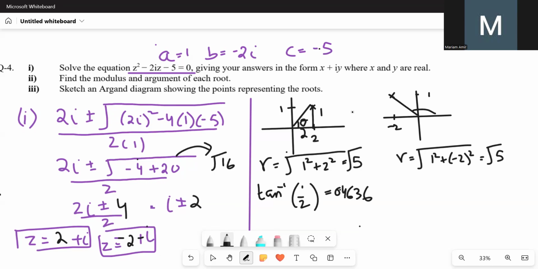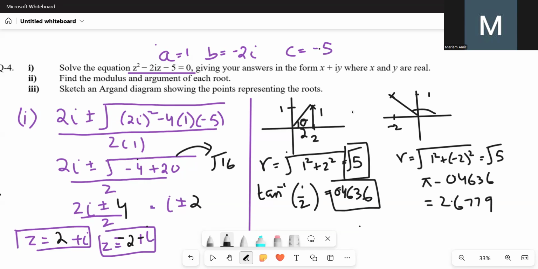And for the other one, it's going to be pi minus 0.4636, which gives 2.6779. So the modulus is root 5 and the argument of one of the roots is 0.464, which is a better answer because it needs to be in 3 significant figures. And this is going to be root 5 and 2.68.